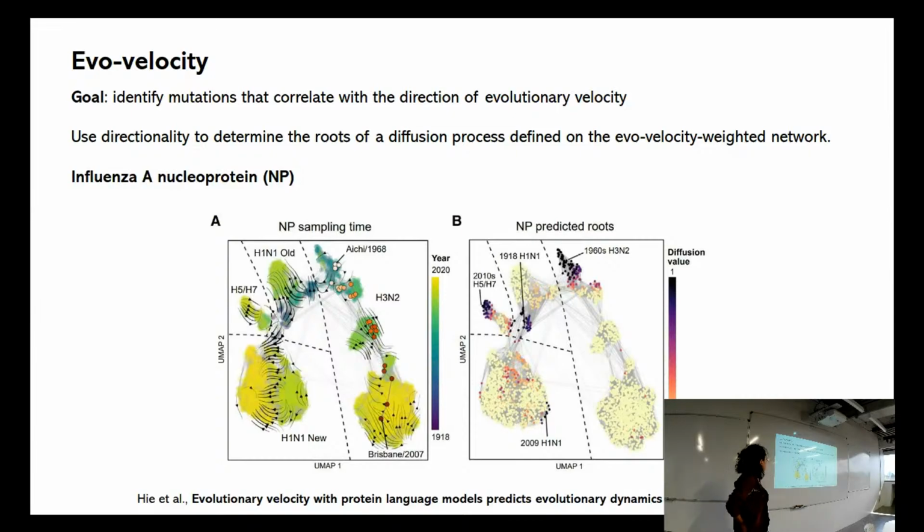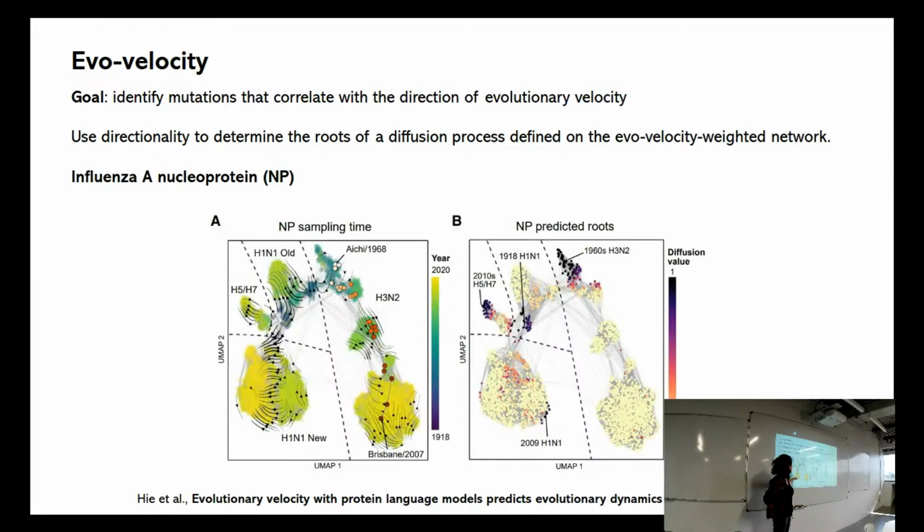And what you see here is that when they play this game with this protein, the color is the real time in history in which that mutation occurred. So you see it goes from 1918 to 2020 here. So they have very many data. And so the representation is from the graph you obtained from the protein language model representations neighborhoods.